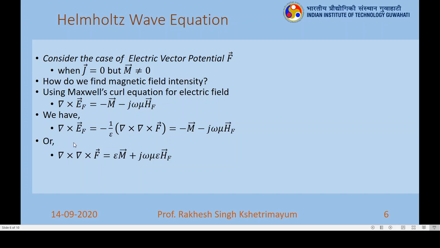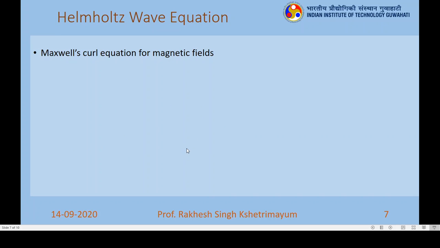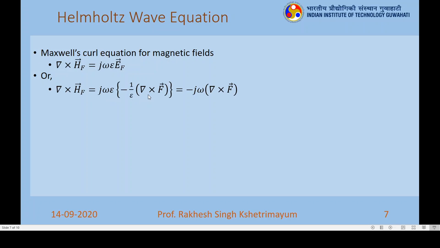So now, if I take this epsilon to the right hand side, I can further simplify it, multiply this epsilon to the right hand side. This is what we are getting. We also have the Maxwell curl equation for magnetic fields. Maxwell curl equation for magnetic field is curl of H is equal to j omega epsilon E. So now here if I replace this electric field by minus 1 by epsilon curl of F, this is what I am getting.